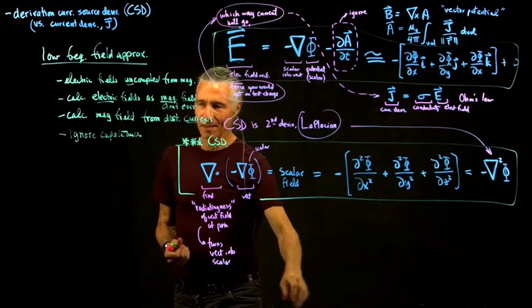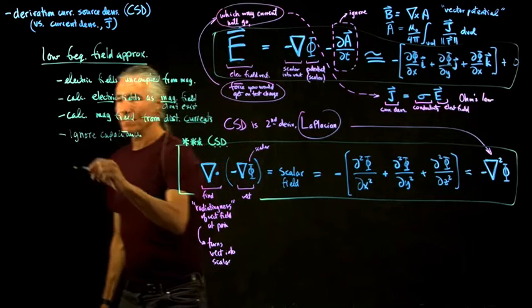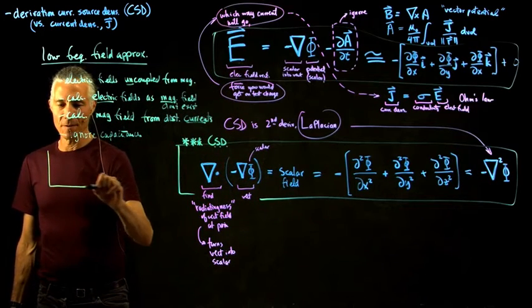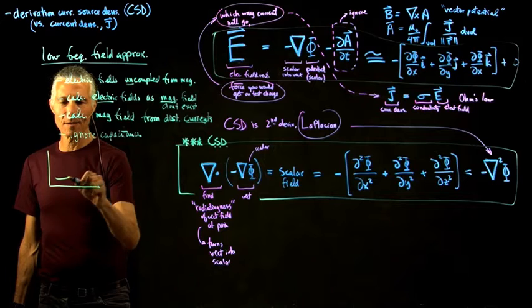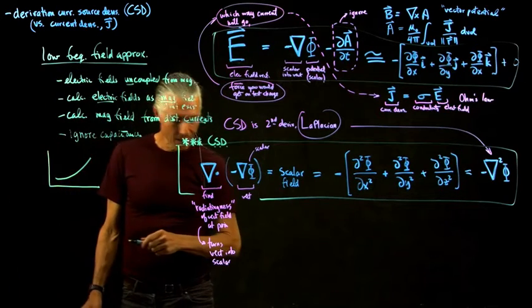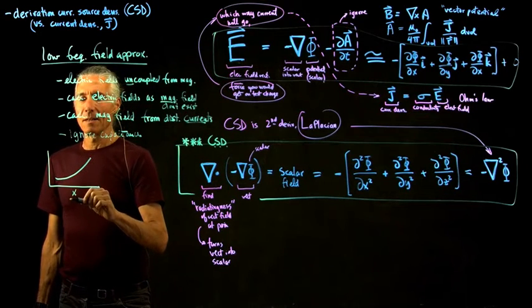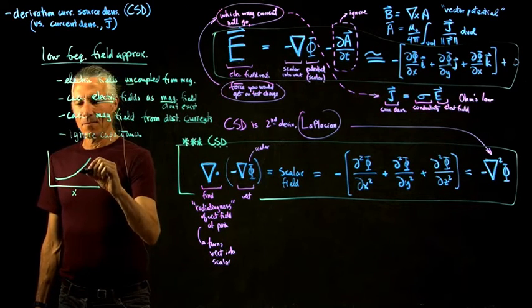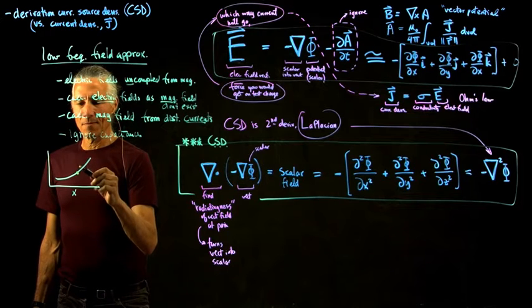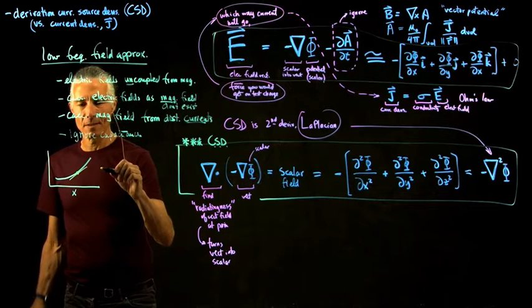Let's go back to the derivatives. If we go to the first derivative, say you have a curve like that. This is say the x direction. If you go to this point and take the slope, that's the first derivative.